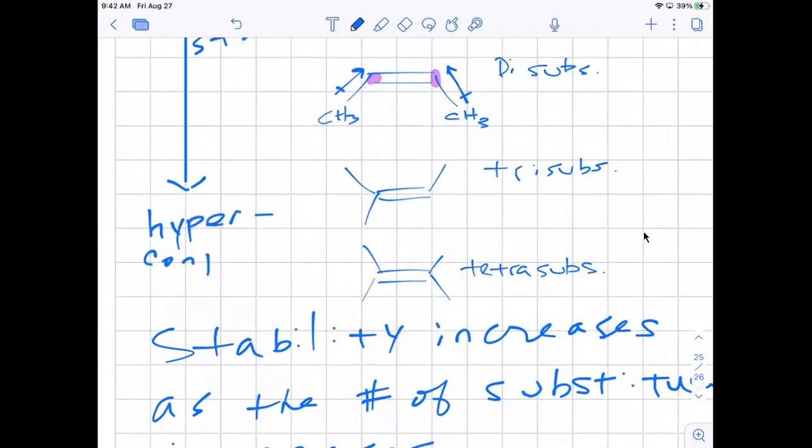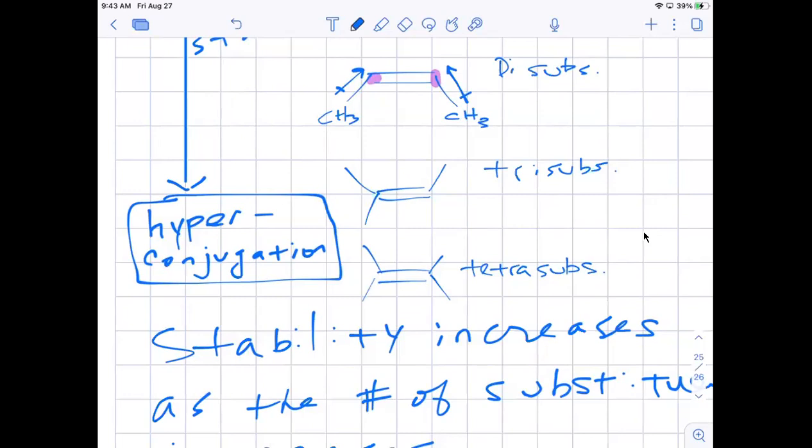Hyperconjugation, anybody remember that term? No? Okay, so all that term means in layman's terms is the donation of electron density from sigma bonds. So carbon sigma bonds can inductively donate electron density towards electronegative atoms or carbocations, or even a carbanion.